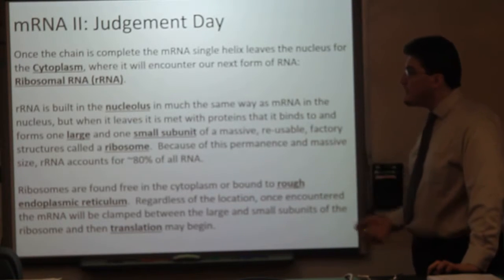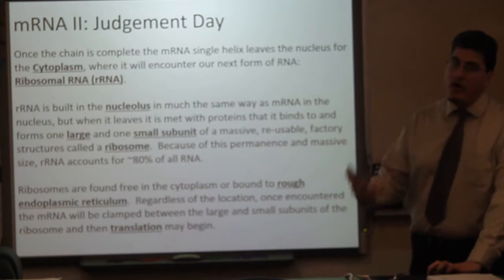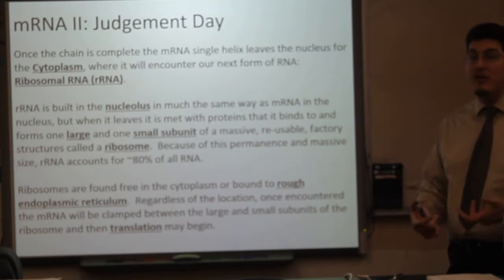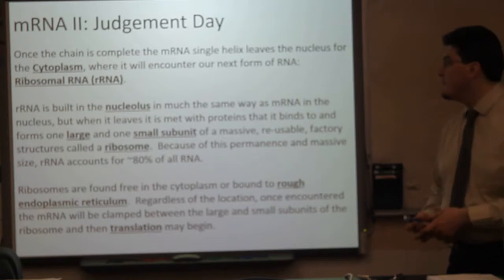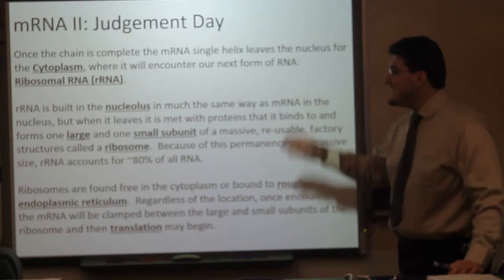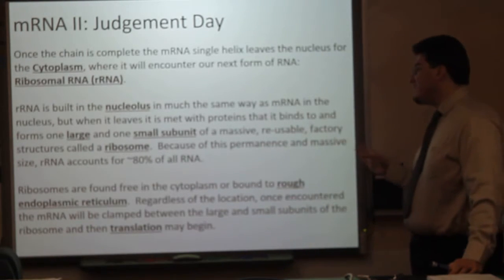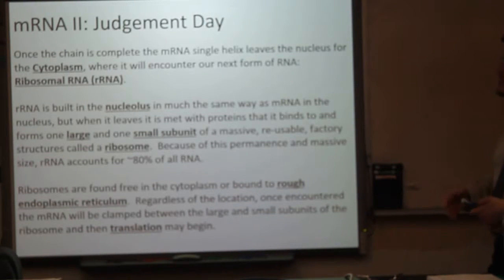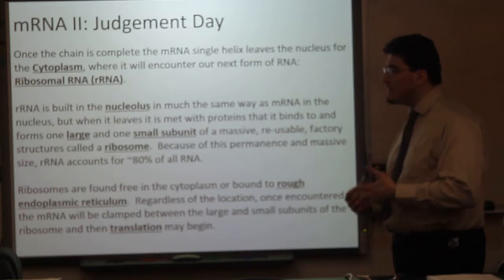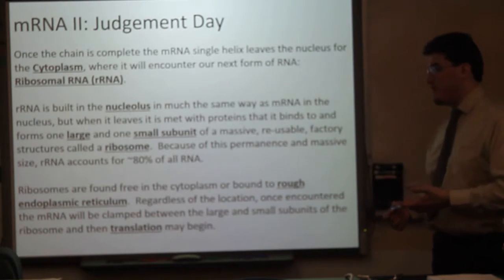rRNA is built in the nucleolus, much the same way as mRNA is. It must be transcribed as well. So when it leaves, it is met with proteins that it binds to and forms one large and one small subunit of a massive, reusable factory-type structure called a ribosome.